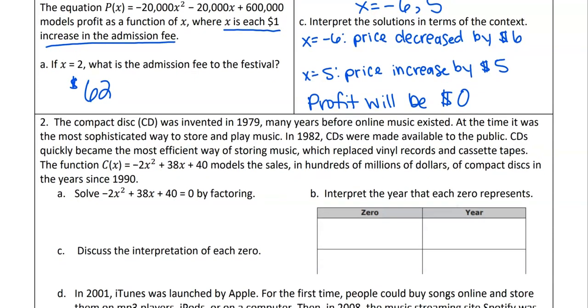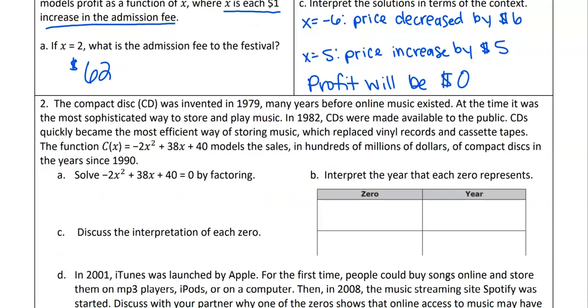Moving on to number 2. We're going to do some more solving and then interpreting. The compact disc, otherwise known as a CD, was invented in 1979, many years before online music existed. At the time, it was the most sophisticated way to store and play music.